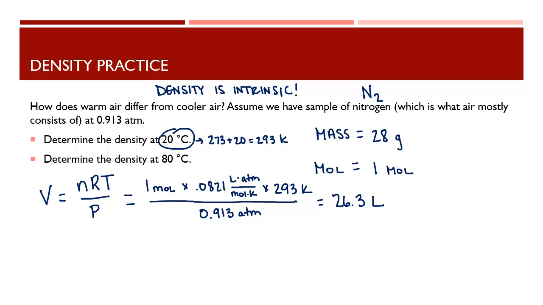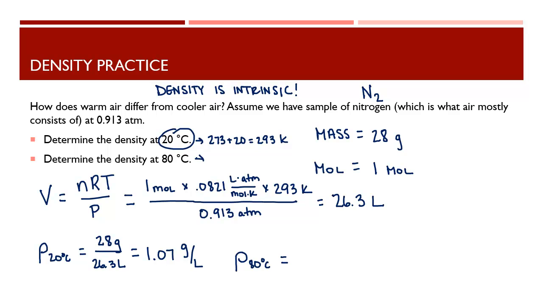And because I'm going to be doing some comparing later, I want to be very specific about which density I'm calculating, so I'm going to put 20 degrees Celsius as a subscript. The density of this gas at 20 degrees Celsius is 28 grams over 26.3 liters, which gives me about 1.07 grams per liter. I would probably round this to 1.1 grams per liter.